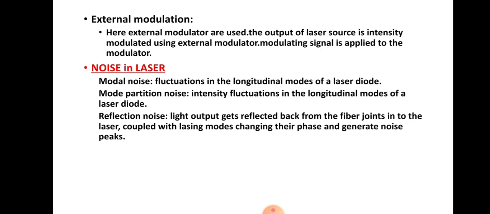In the case of reflection noise, light output gets reflected back from the fiber joints into the laser. That light will be coupled with the lasing modes, and this in turn changes the phase and generates noise peaks. So, these are the noises in the case of a laser.